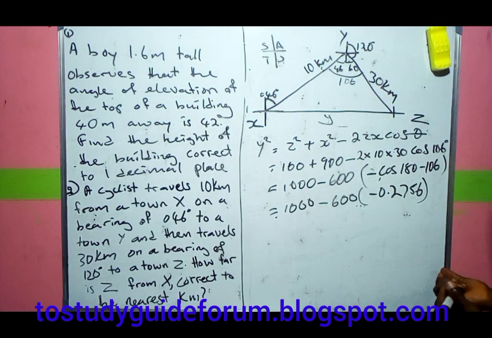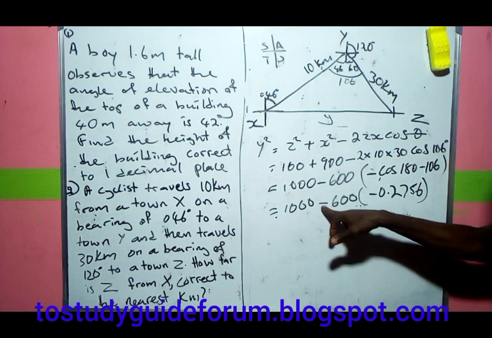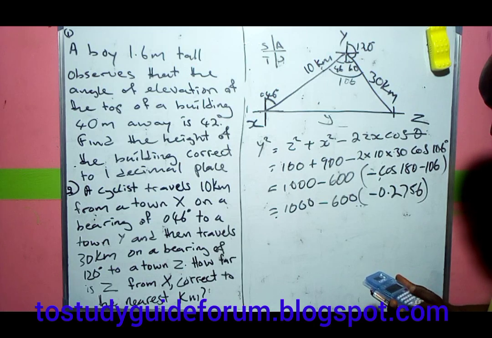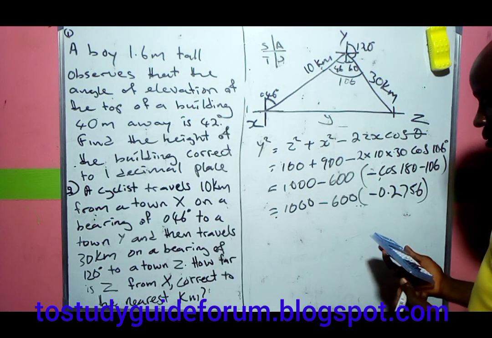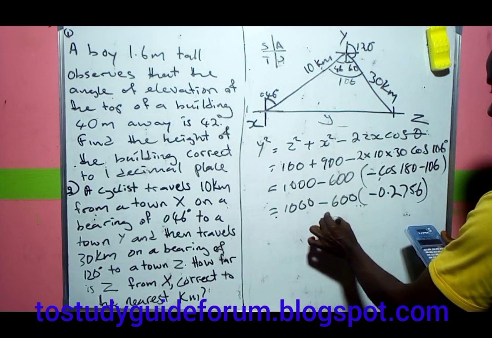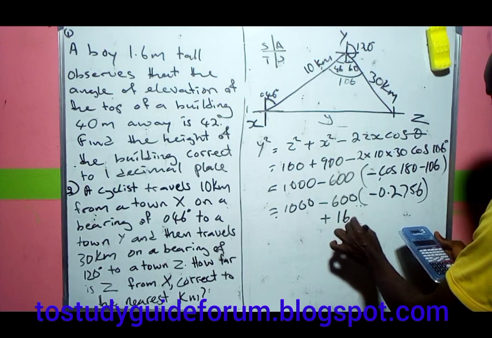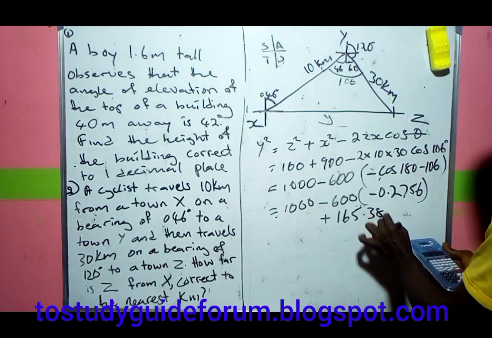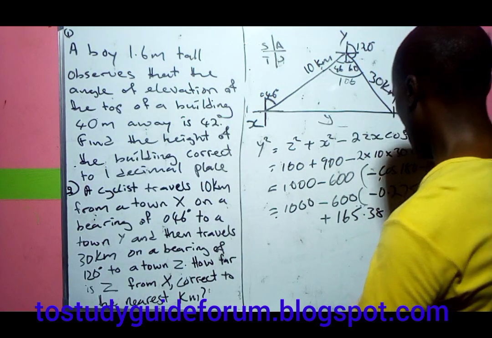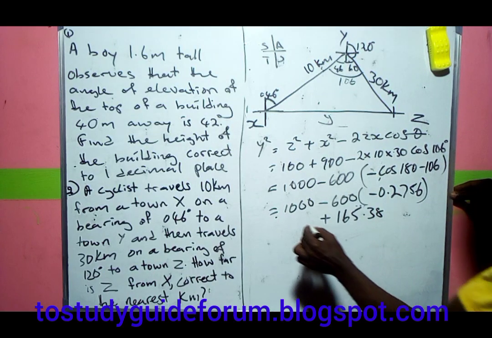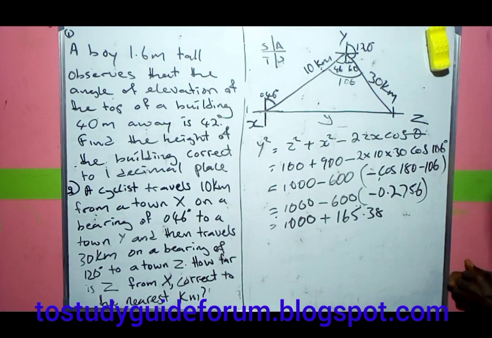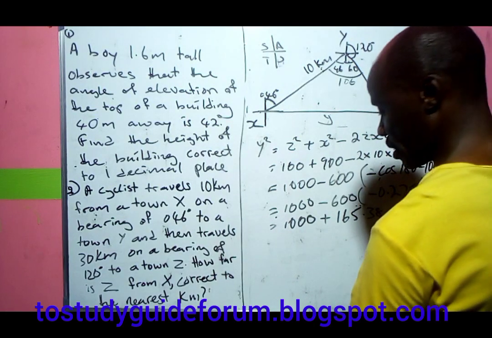So when these two multiply, the sign will change. When they multiply each other, times 600, that will give us plus 165.38 plus, so we add it up together.